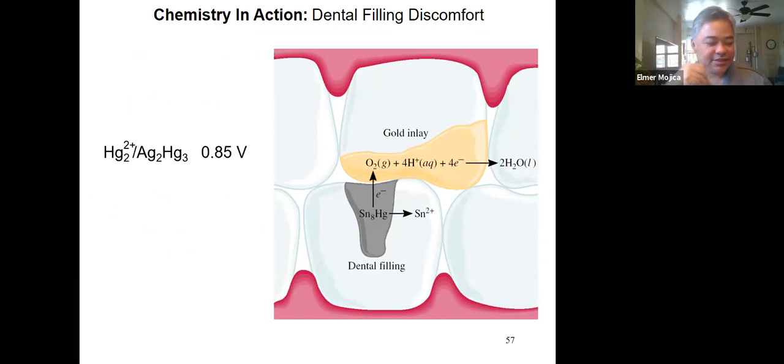I think that's the consequence of me eating too much chocolate. So what you do is you're doing an electrolysis there. So they're putting this amalgam there that is made up of what we call mercury.